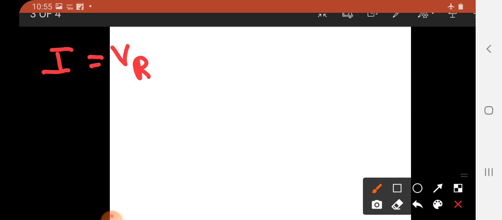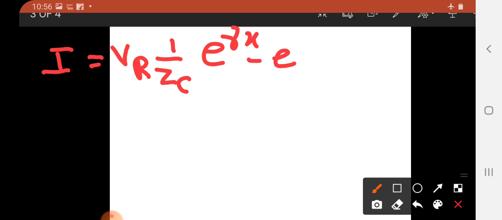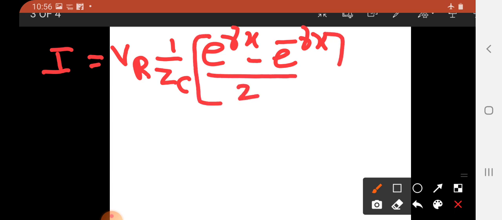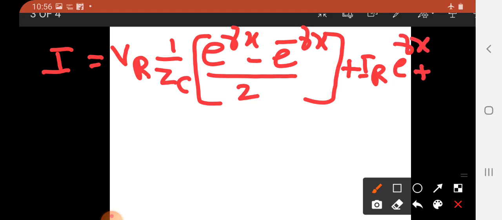Along with VR you get 1 by ZC into e power gamma x minus e power minus gamma x by 2, plus IR, taking IR common, e power gamma x plus e power minus gamma x by 2.